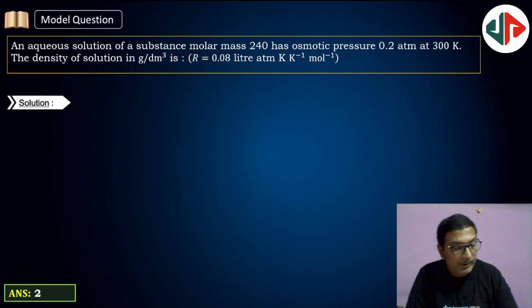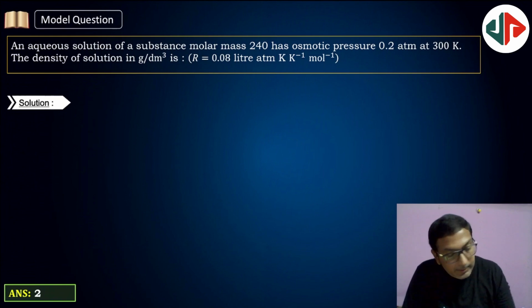Next, an aqueous solution of a substance, molar mass 240, has osmotic pressure 0.2 atmosphere at 300 kelvins. Density of solution in grams per decimeter cube, that means grams per liter, will be. So here first, aqueous solution of substance, molar mass is given.